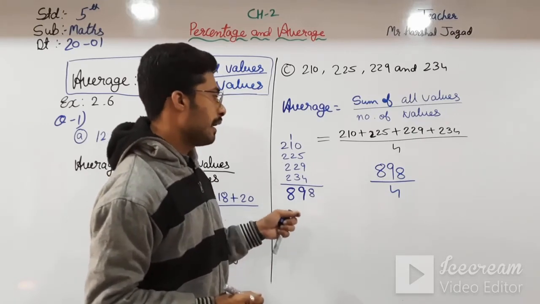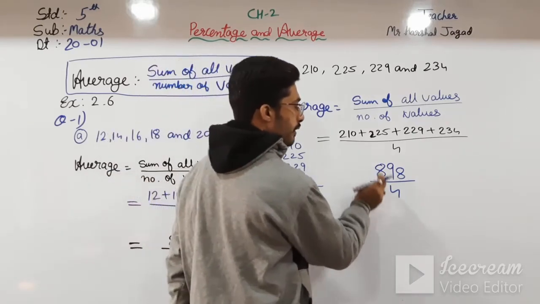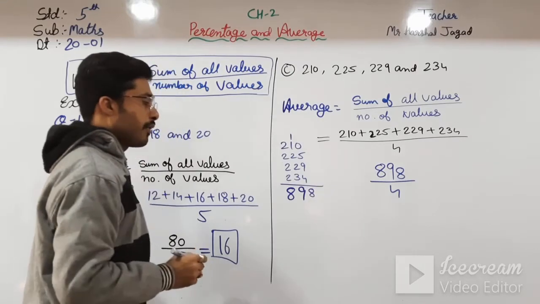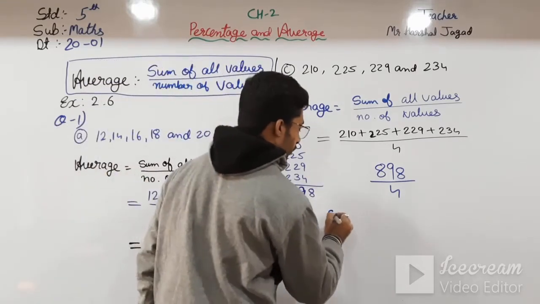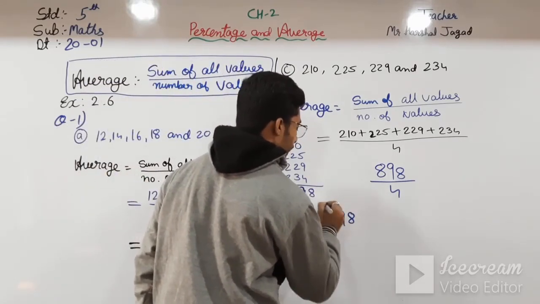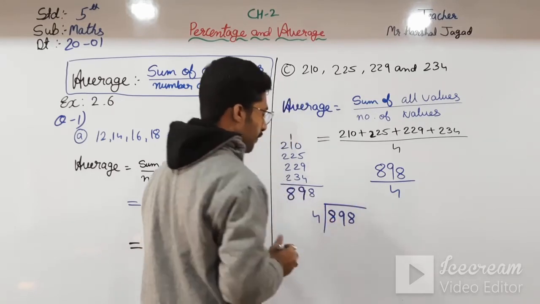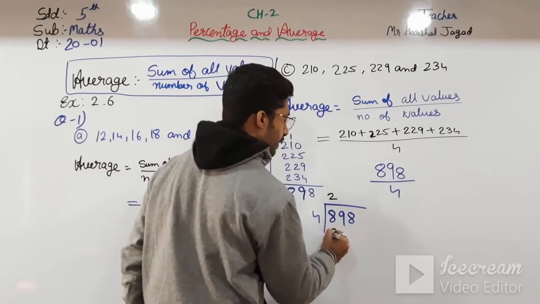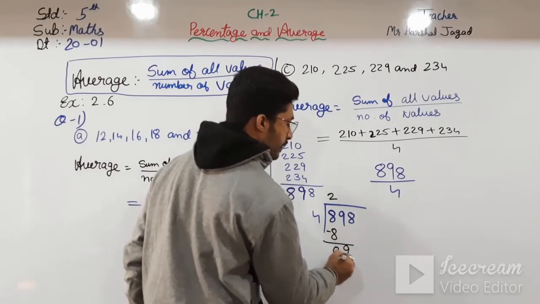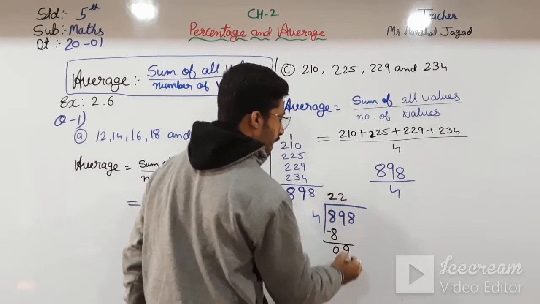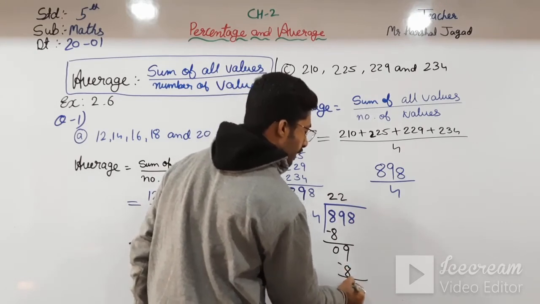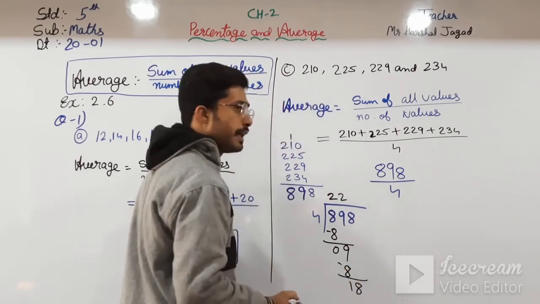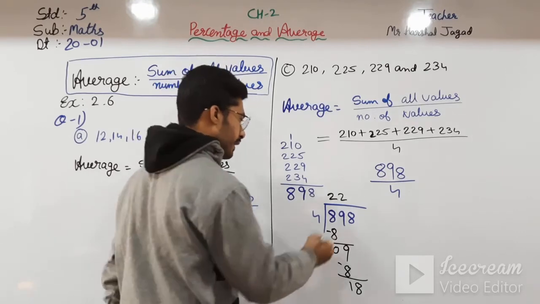Then we have to divide this total which we have got by 4, that is 898 divided by 4. 4 twos are 8. Here remains 0, then comes 9. 4 twos are 8. Here remains 1, comes down 8. 4 fours are 16.